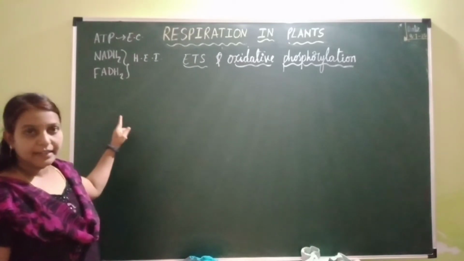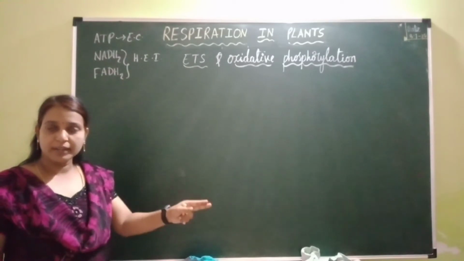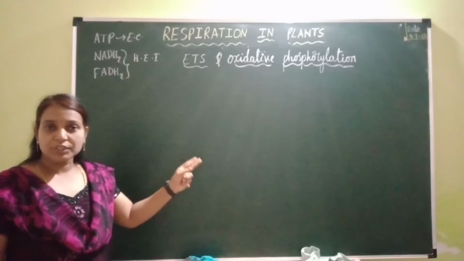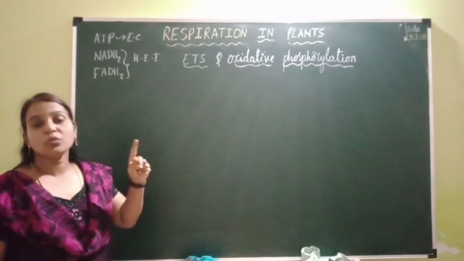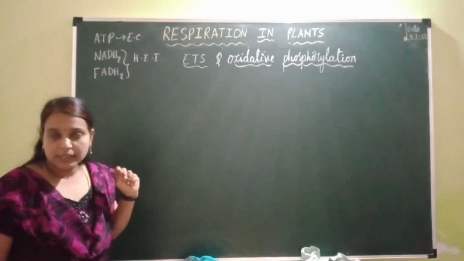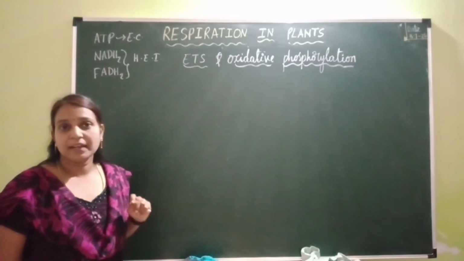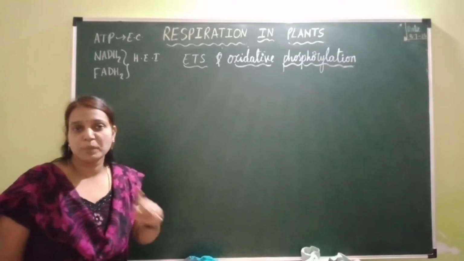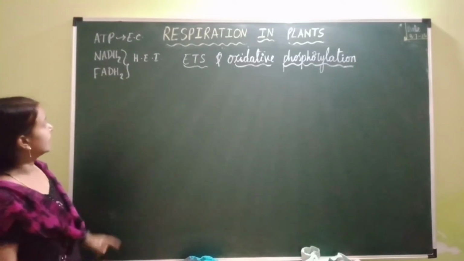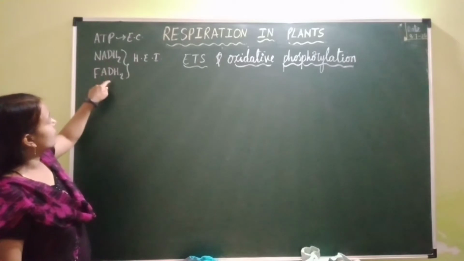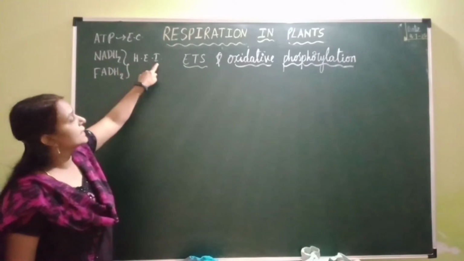Hence NADH2 and FADH2 undergo breakdown through ETS, which ultimately results in the synthesis of ATP. So this is the reason why ETS occurs even after the complete breakdown of glucose by the end of Krebs cycle. Right.